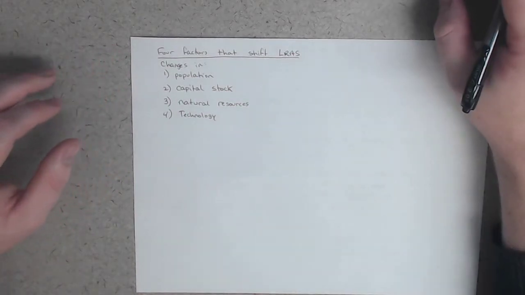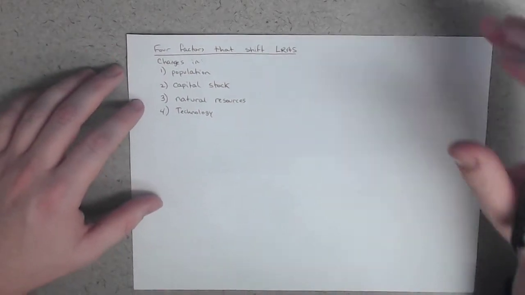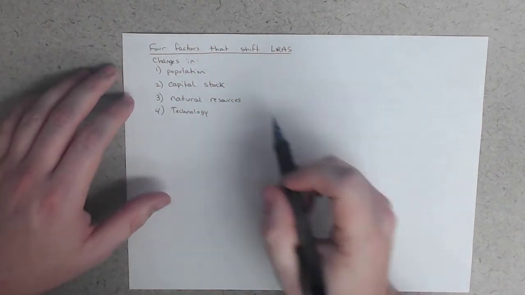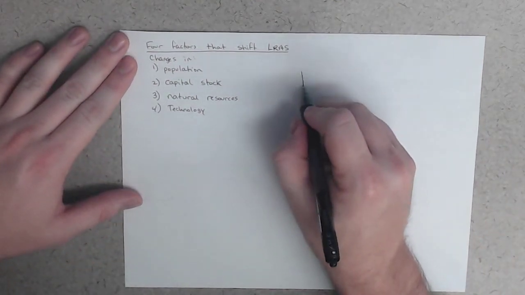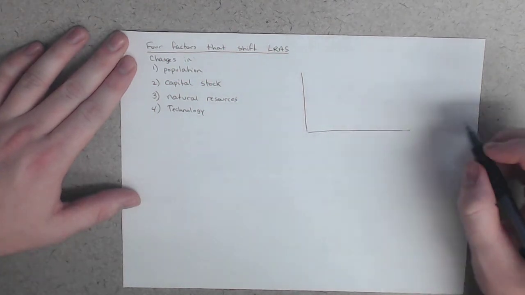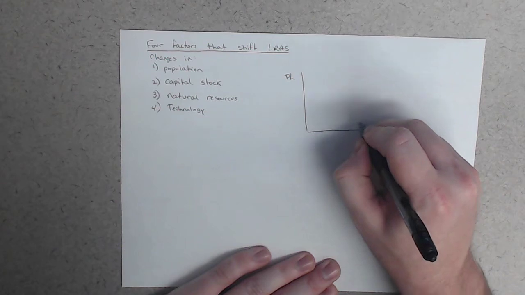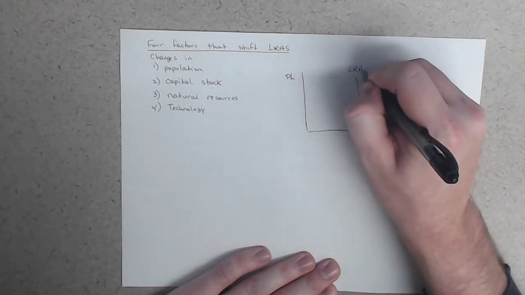Let's go through some of these real quick, and we'll wrap up this week's lesson here. Changes in population will certainly affect the amount of stuff that we can produce.